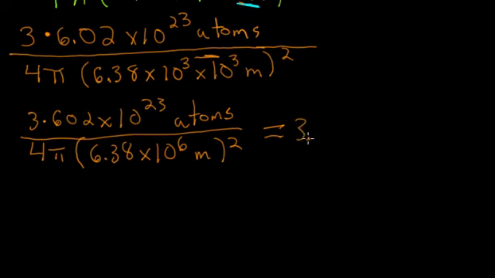I only need 3 sig figs, 3.53 times 10 to the 9th atoms per meter squared. And so there's about 3.5 billion atoms per meter squared if you were to spread the moles across the surface of the Earth. That's a considerable amount of atoms in each meter.